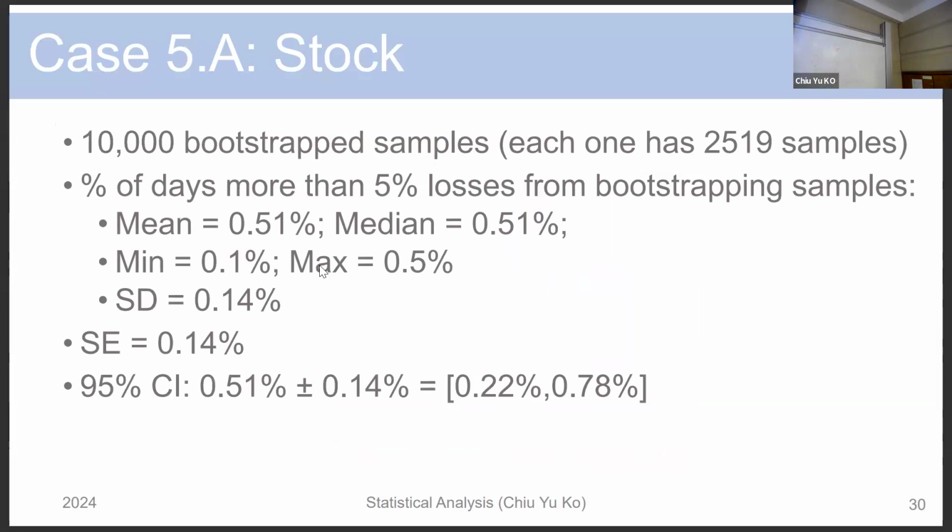Each one has the same number of observations, 2,500. And you can calculate mean, median, min, max, and SD. The SD will be the SE. Then you can plus and minus, oh, sorry, 2 times this, I forgot the 2. Okay, 2 times this one.